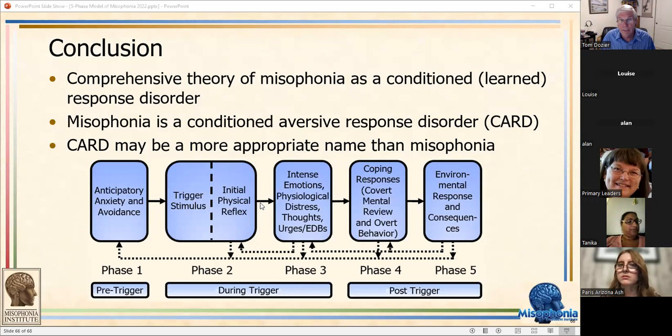So the problem is that it started as an auditory condition only, and when I review journal articles, I almost insist that they mention in the discussion of misophonia that it includes auditory and visual triggers, but we only cover auditory triggers in this study. So yeah, that's a problem.